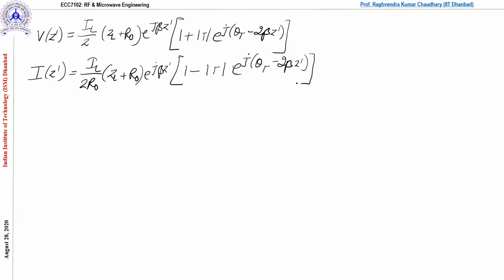Fine. So now we have two equations, and we can do a lot of things with these two equations.